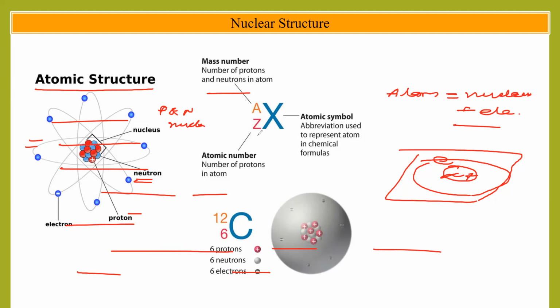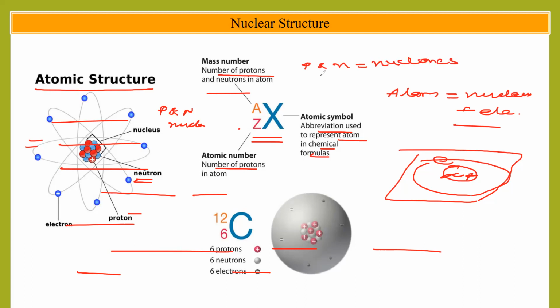So this is the simple atomic structure. Now we can represent an element like this. This is the basic atomic symbol, and it is used to represent atomic chemical formulas. X is the name of the atom, Z is the atomic number, related to the number of protons. And A is the mass number, related to the number of protons plus the number of neutrons present in the nucleus. One more thing, protons and neutrons are known as nucleons.